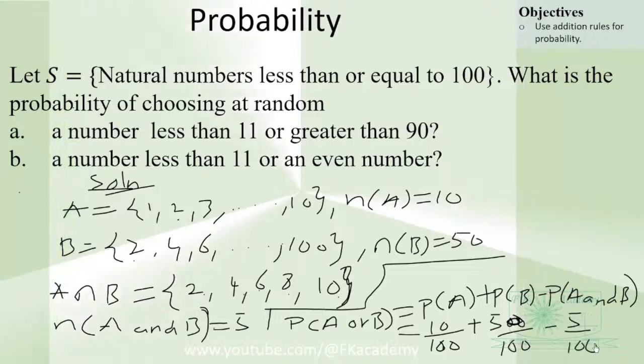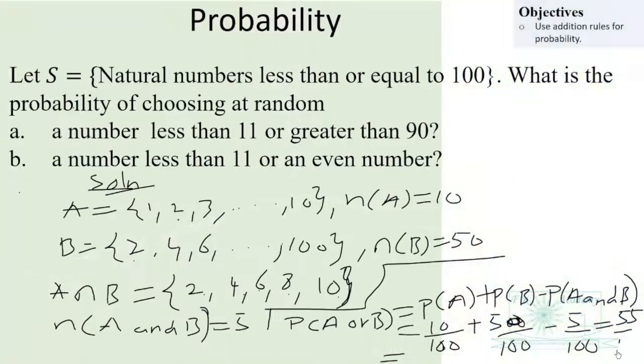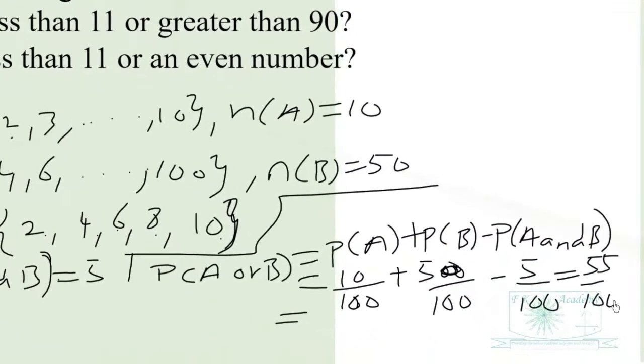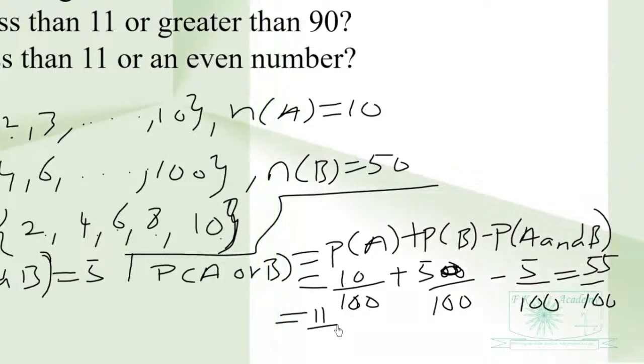So this will simplify to 10 plus 50 is 60 minus 5 is 55, so 55 over 100. And this will simplify to 11 over 20.